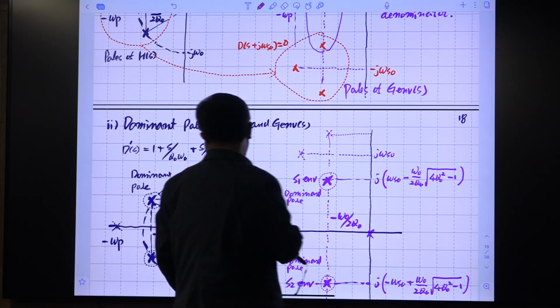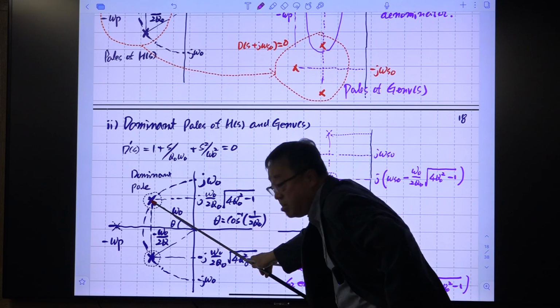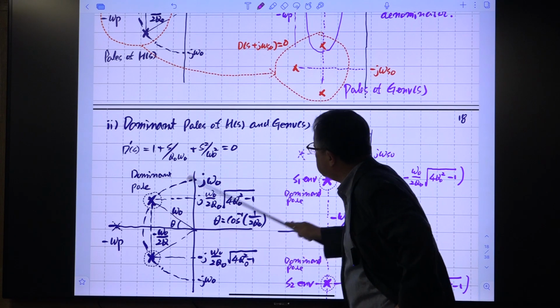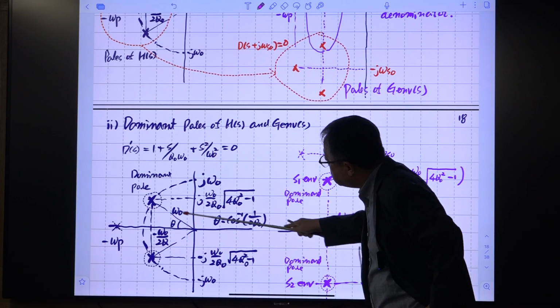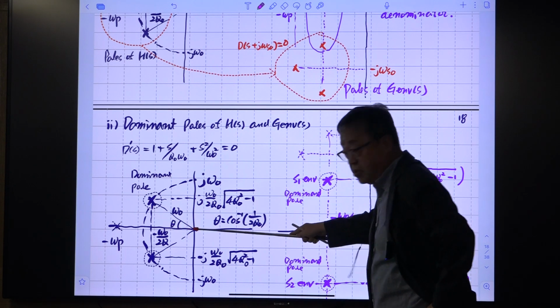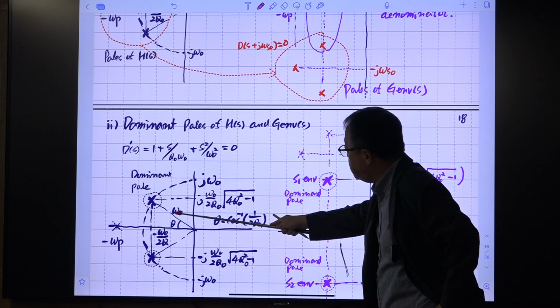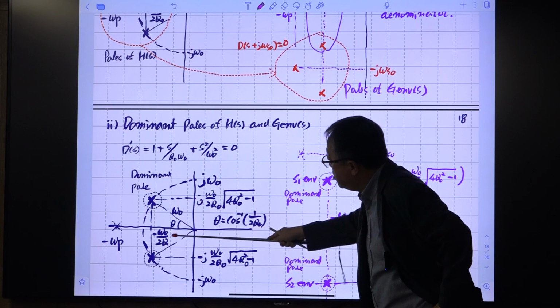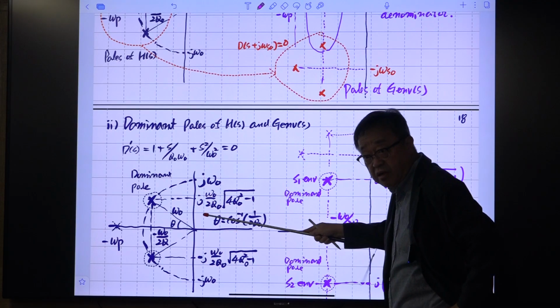If you draw the semicircle with this, its radius is omega naught. This frequency simply indicates the length between this pole and the origin of this domain, and the length is determined by the square root of the sum of the squares of this real part and imaginary part, right?